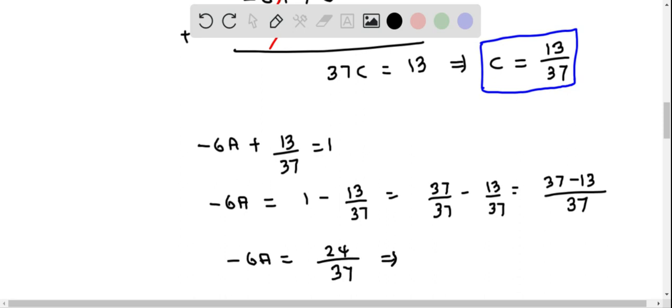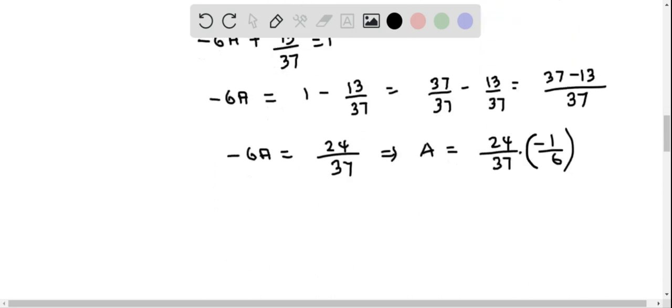So now we can determine the value of a by dividing both sides by negative 6. So it is 24 by 37. Dividing by negative 6 is equivalent to multiplying by negative 1 by 6, which I do now. Now I can do this cancellation. 24 divided by 6 is 4, and this is 1. So we now solve for a, and this gives a equals negative 4 divided by 37.